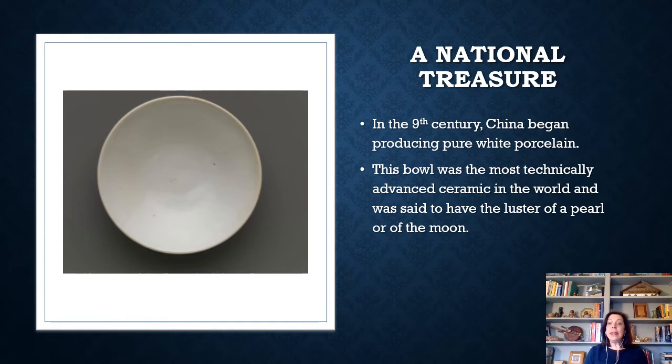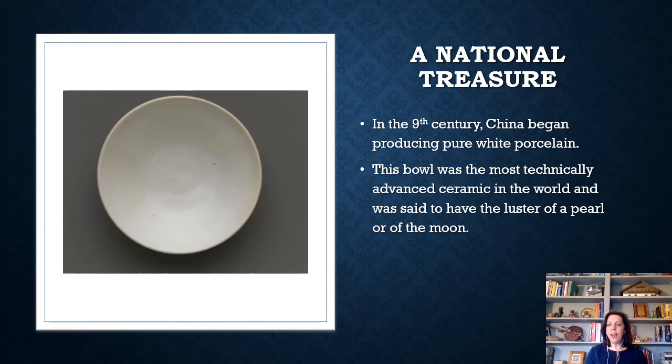Really beginning in the 9th century is when China realized that they could produce this white porcelain, and this bowl, it seems such a simple bowl, but in the 9th century, so about the 800s, it actually was the most technically advanced ceramic in the world. If you look at it, this is a horrible picture, but if you're at the Met and you take a look at it, it looks like a pearl.